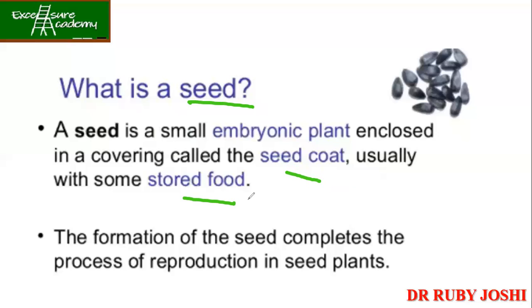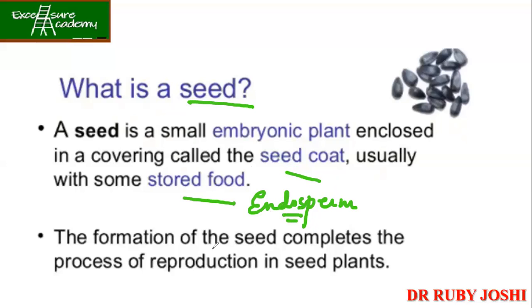Yes, and we eat them. That is true, but it is also called endosperm. Remember, in the previous lecture we mentioned the endosperm. So stored food is present in the endosperm.